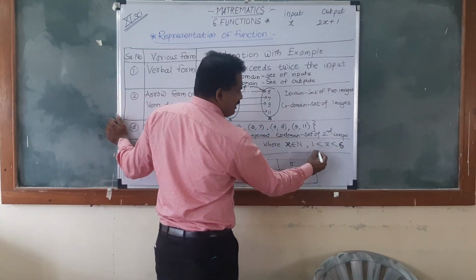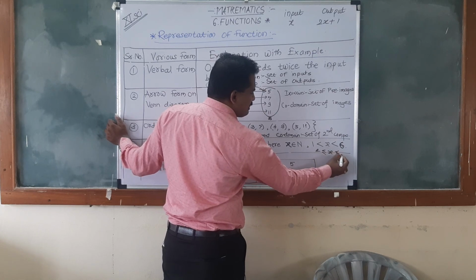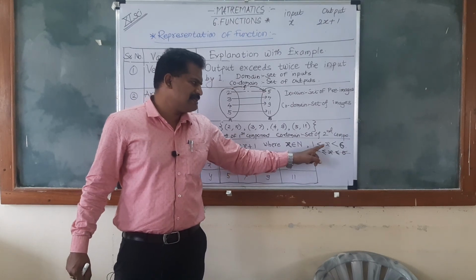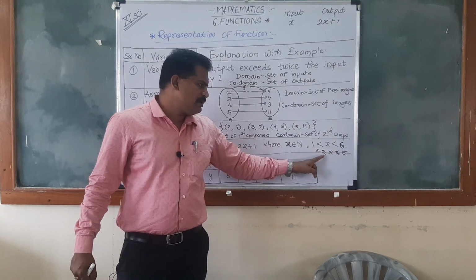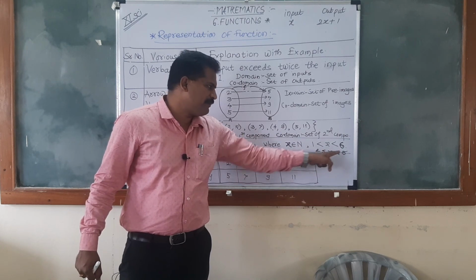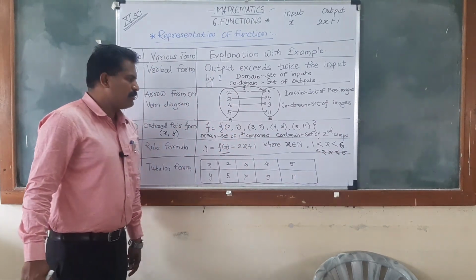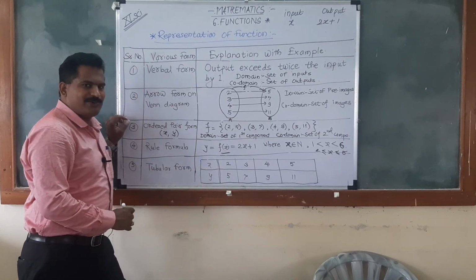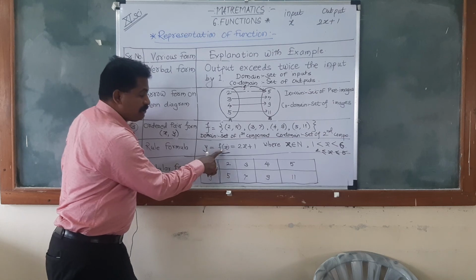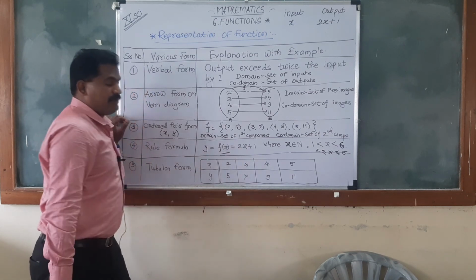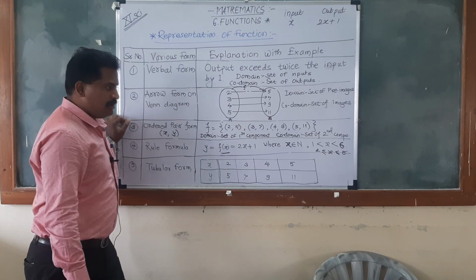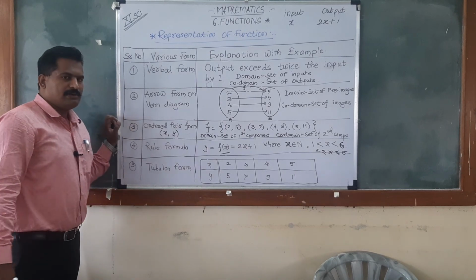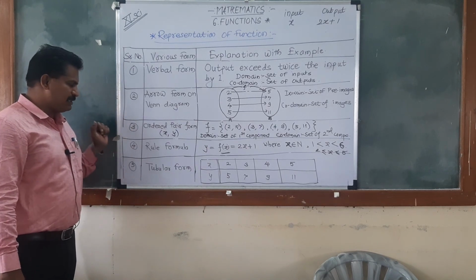It is also represented by 2 less than or equal to x less than or equal to 5. When we use strictly less than, then 1 less than x less than 6, and 2 less than or equal to x less than or equal to 5 means 2 and 5 are also included. Therefore y equals f of x equals 2x plus 1, where x belongs to N and lies between 1 and 6. It is the fourth form, the rule form.